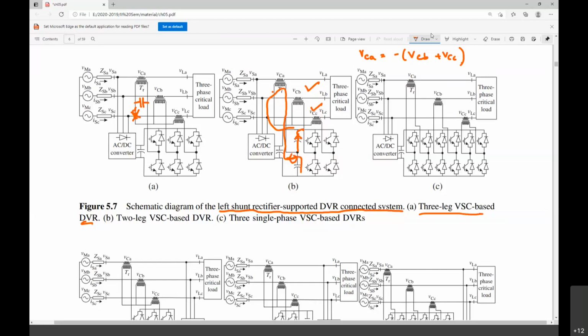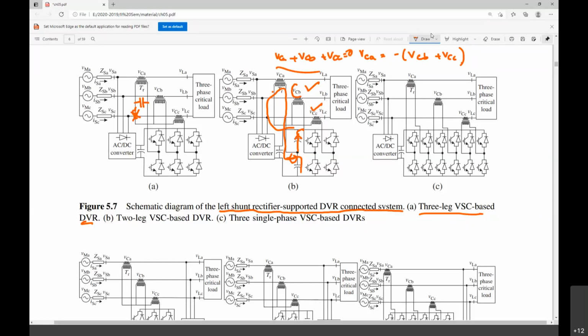Ultimately, what I want to say is that the summation of the voltages VCA plus VCB plus VCC is equal to 0.